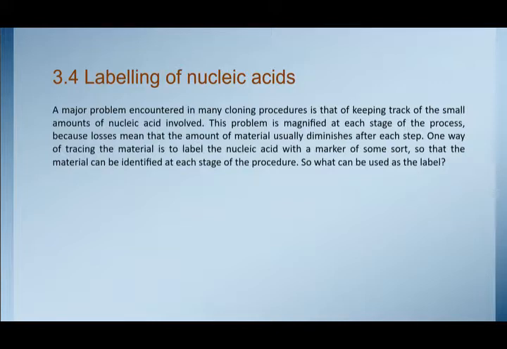One way of tracing the material is to label the nucleic acid with a marker of some sort so that the material can be identified at each stage of the procedure. So, what can be used as the label?